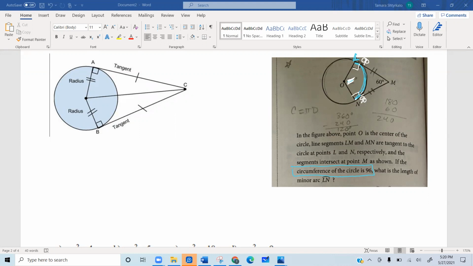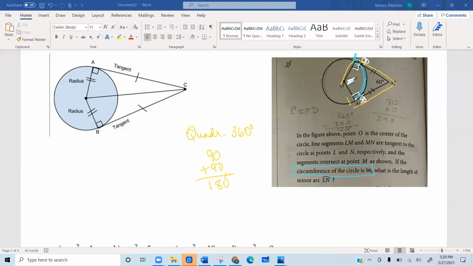Okay, and then I can see that the shape of this polygon right here is a quadrilateral. All quadrilaterals have 360 degrees altogether. So 90 plus 90 is 180.